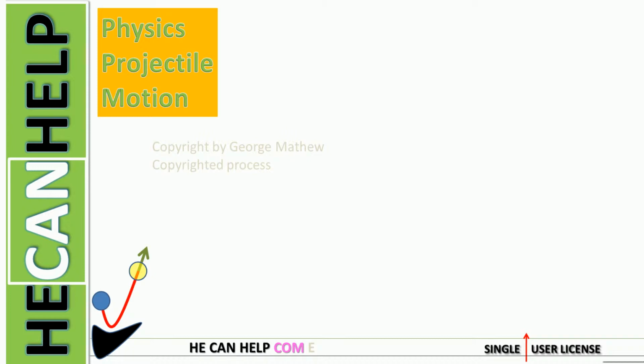So by definition, the average acceleration along the vertical, y, is given by final velocity along the vertical minus initial velocity along the vertical, divided by time. Initial is v0 and the vertical is y. You're talking about vertical components.